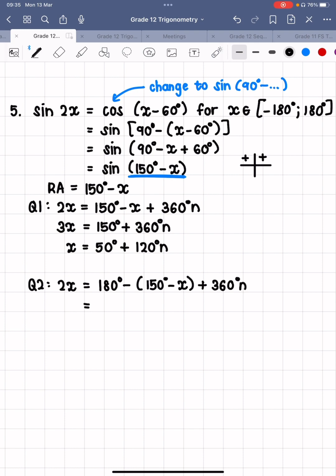So 180 minus 150, when I multiply this minus n, it's going to become a minus, right? So that's going to give us, you can write the answer already, but let me rather just do this properly. What is a negative times a negative? Positive x plus 360n.